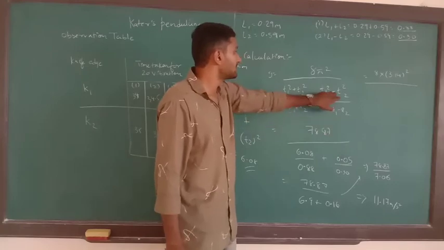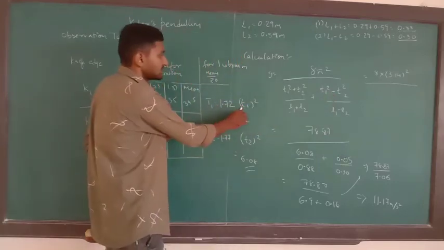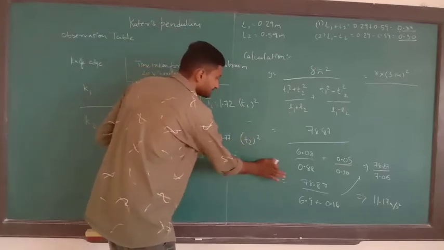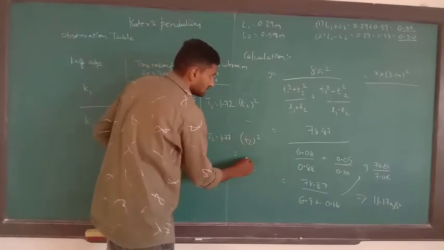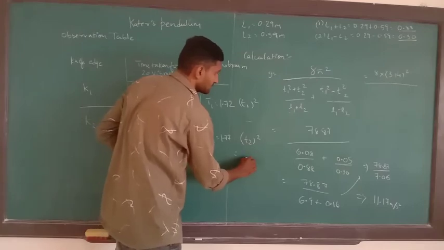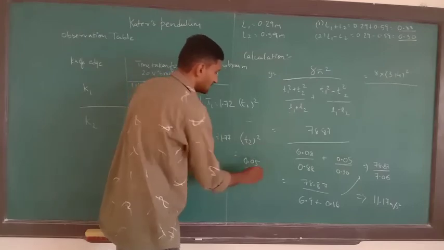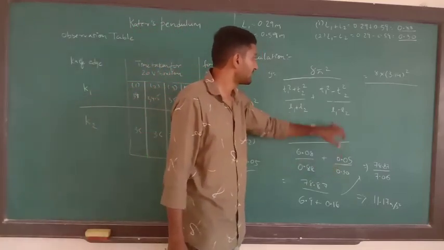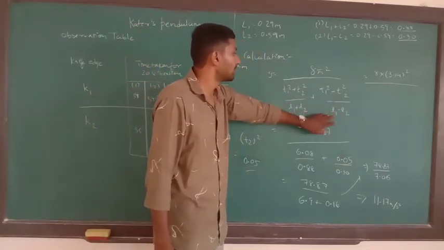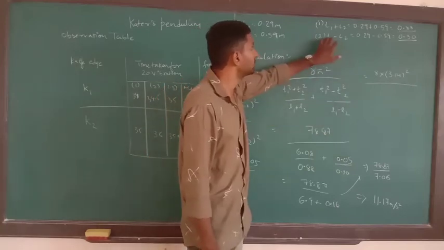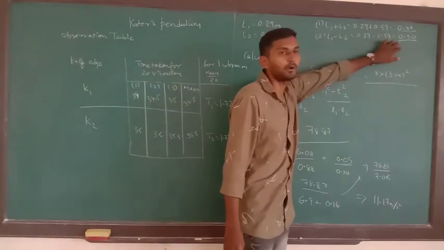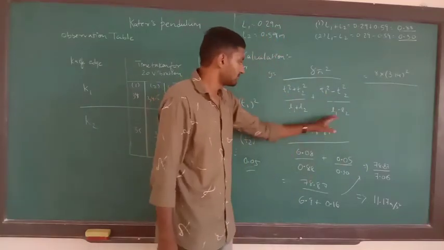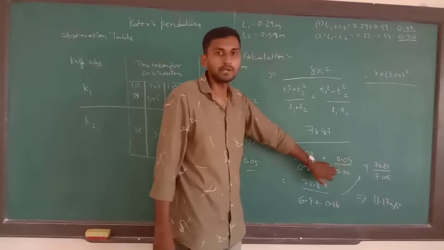T1 square minus T2 square results in 0.05. So we write 0.05 here. Now L1 minus L2 is 0.30, so we write 0.30 just below the 0.05.